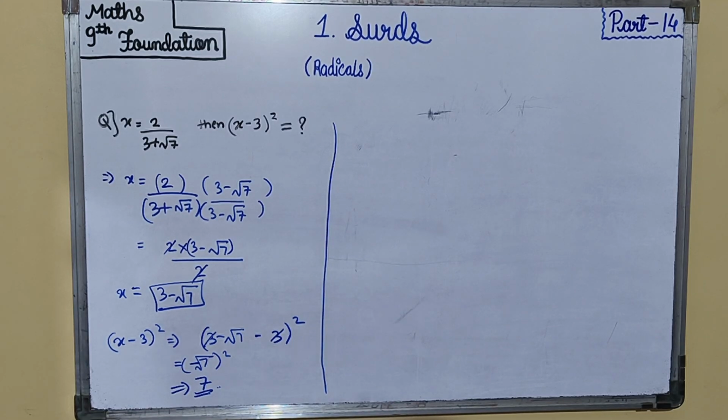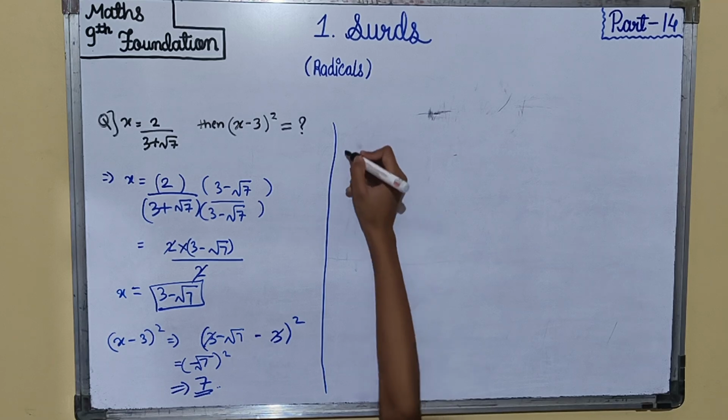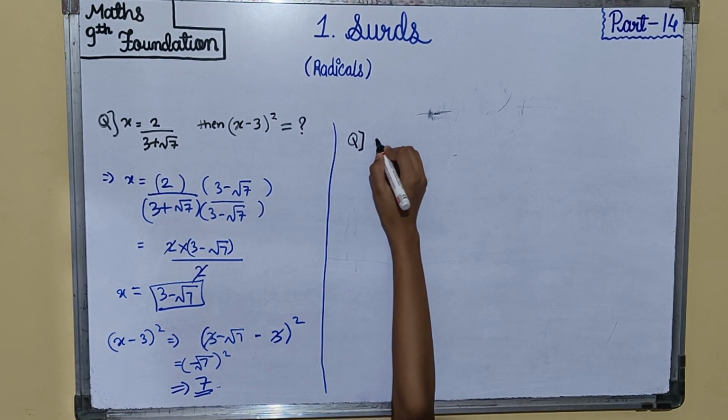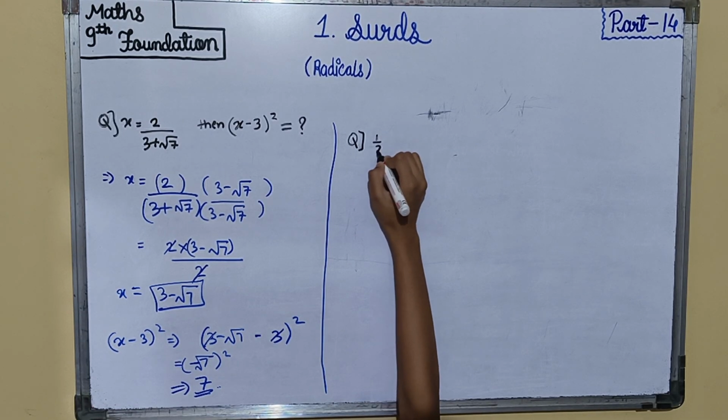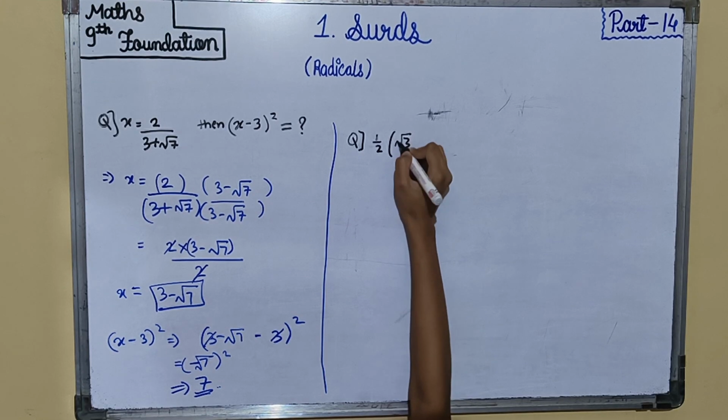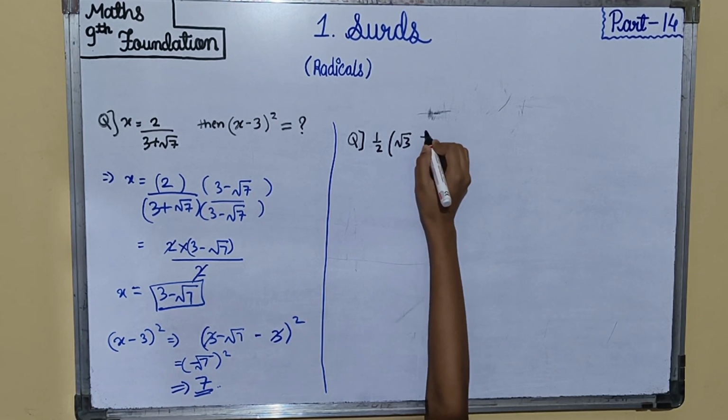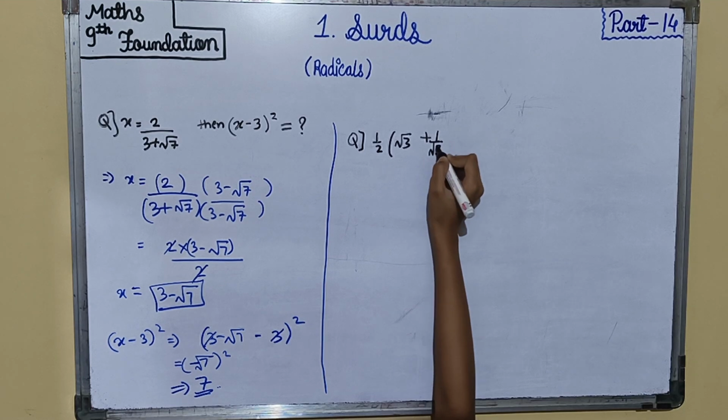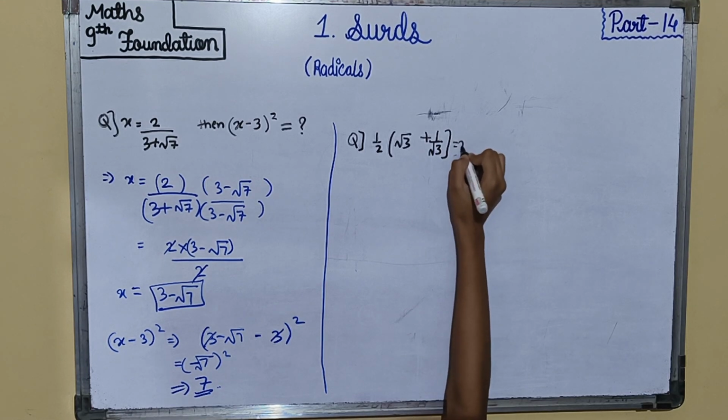One more question is over there. The question is easy. It is based on the topics that we have learned previously. The question is: half in bracket root 3 plus 1 by root 3 is the value of x.